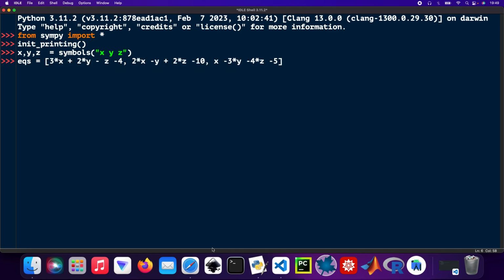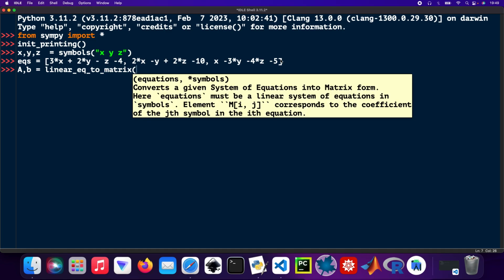Right. So what happens is these numbers, they'll be put onto the other side, to the right hand side. So they'll become 4, 10, and 5. Okay, cool. So cracking on. A, B is equal to linear equation to matrix.